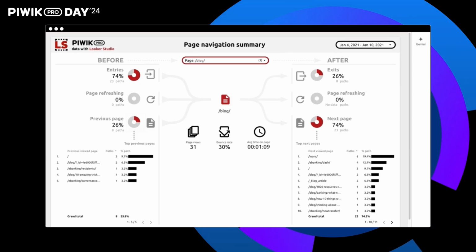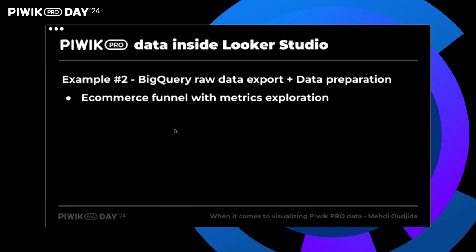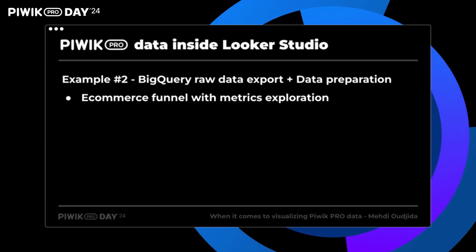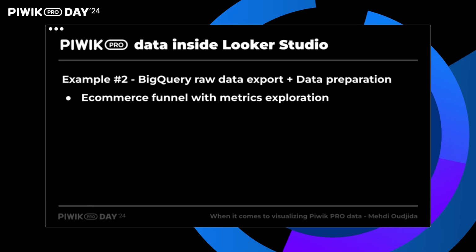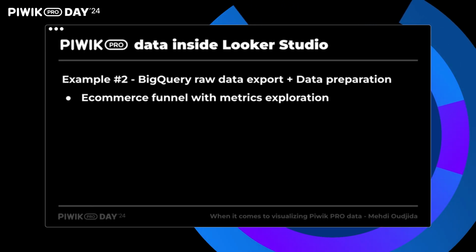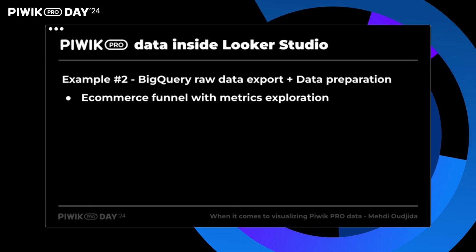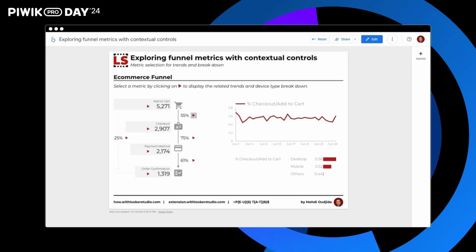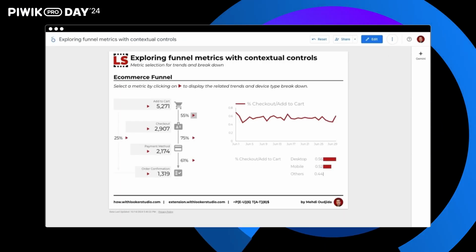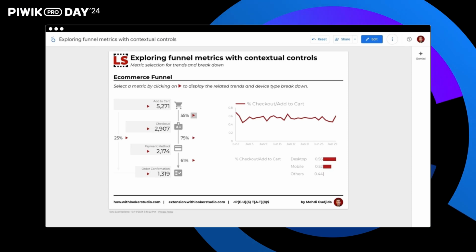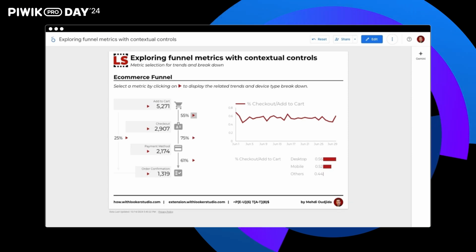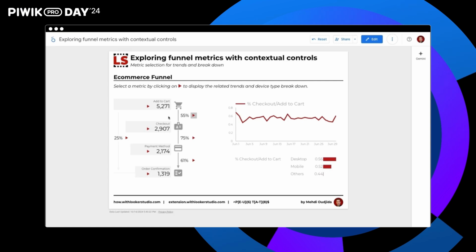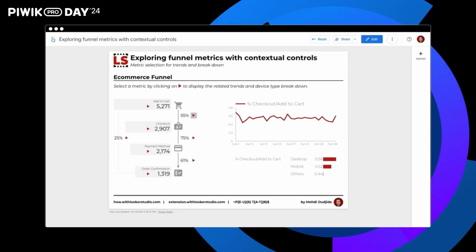The other example is made directly with BigQuery raw data. It's something I've designed for a client and I've just transformed it into what we can call a kind of Looker Studio recipe. It's about the e-commerce funnel. So I've built something directly stored in BigQuery through the exports of Piwik PRO, creating a funnel. A basic funnel, what we used to create when we need to follow an e-commerce funnel.